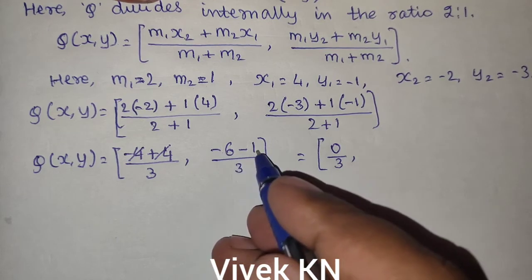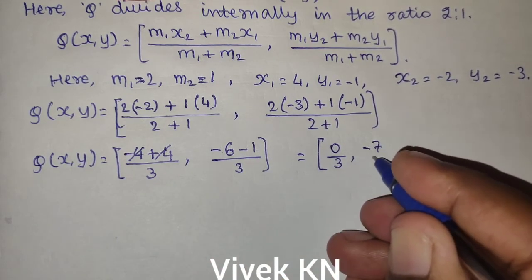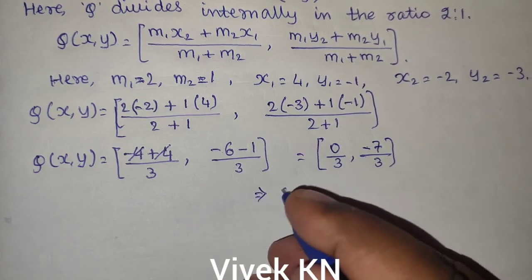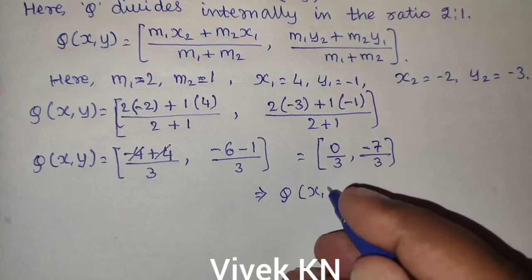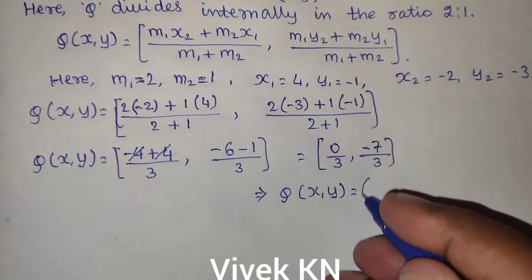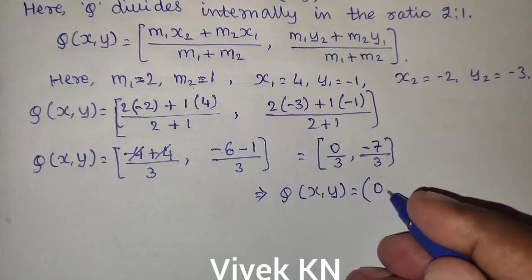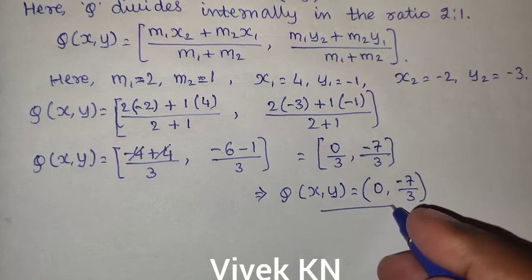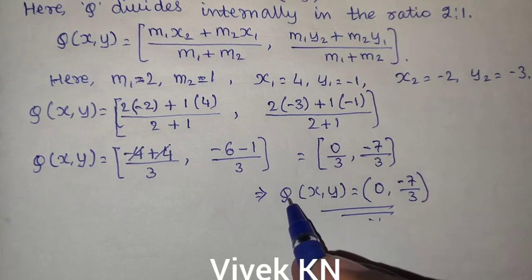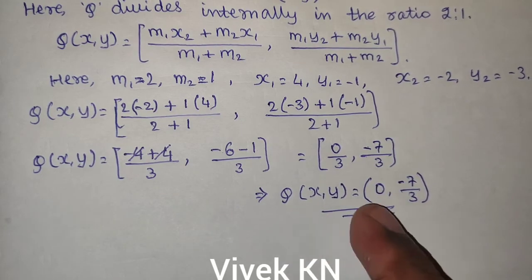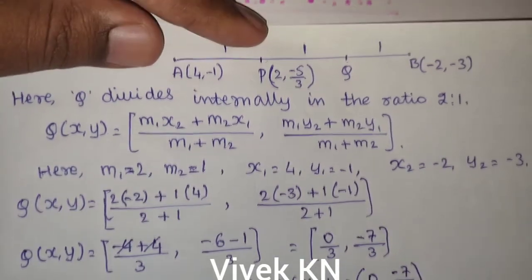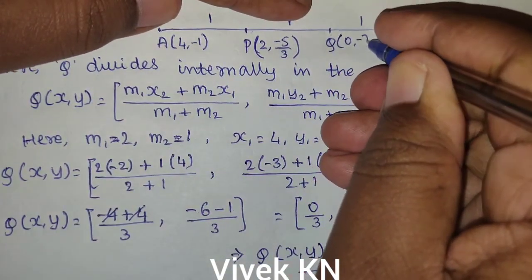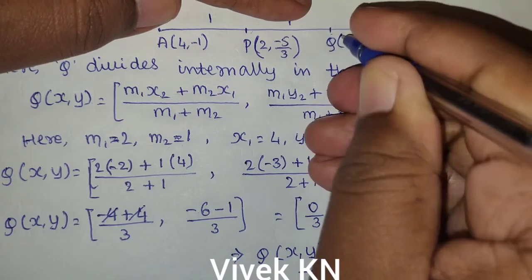Here adding minus 6 and minus 1 we get minus 7 divided by 3. So this implies the coordinates of Q are 0 by 3, which is nothing but 0, comma, minus 7 by 3. This is the coordinates of the point Q, that is 0 comma minus 7 by 3.